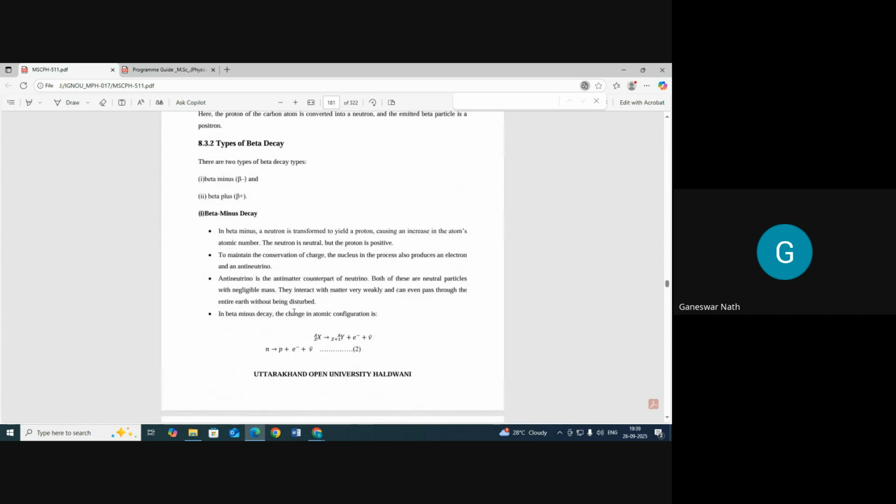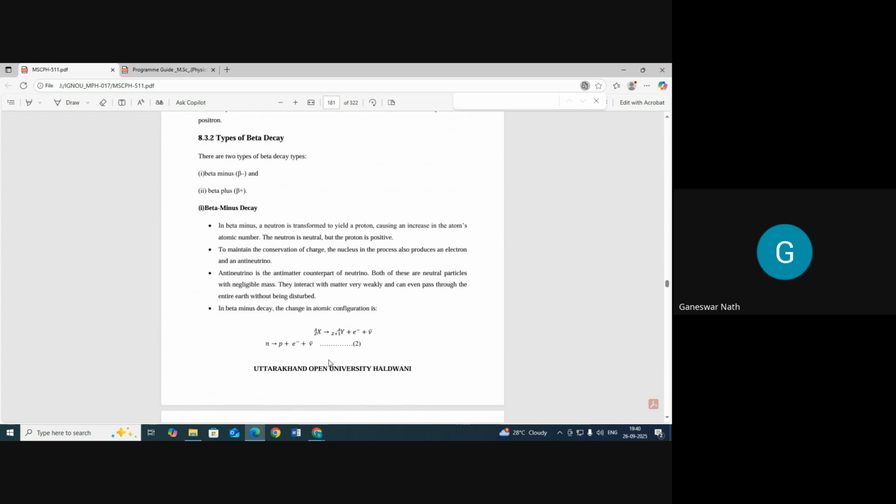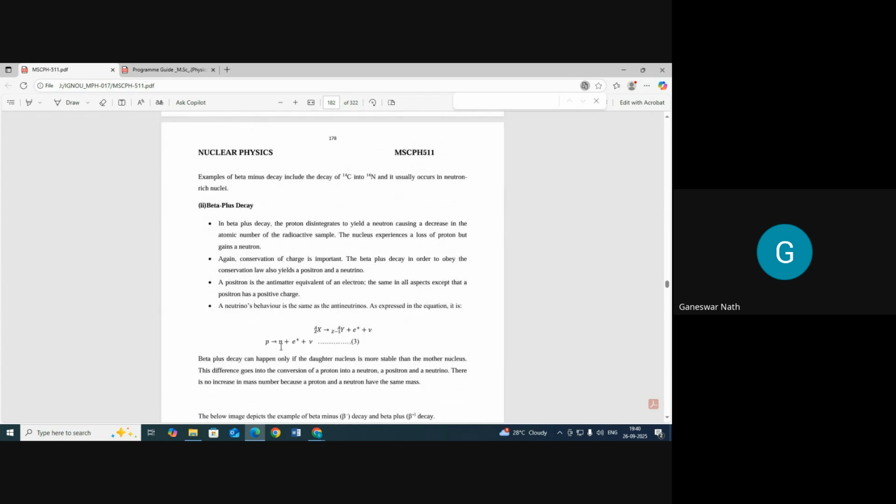Beta minus decay: when a neutron is converted into a proton, that's beta minus, and the neutron is converted to a proton, an electron and an anti-neutrino. Similarly, beta plus decay is when a proton is converted into a neutron, a positron and also a neutrino; that is called beta plus decay.